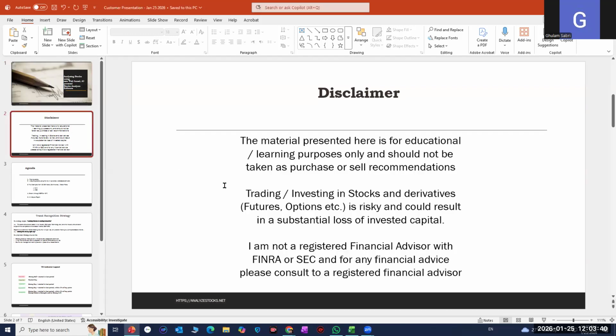First, let's start with the disclaimer that the material presented here is for educational and learning purposes only and should not be taken as purchase or sell recommendations. Trading, investing in stocks and derivatives, especially futures and options, is risky and could result in a substantial loss of invested capital. I'm not a registered financial advisor with FINRA or SEC, and for any personal financial advice, please consult a registered financial advisor.